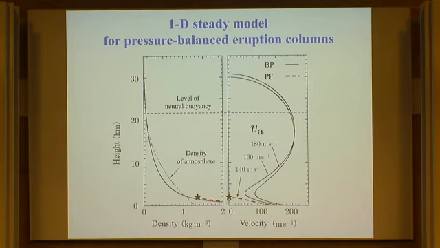But if the initial momentum is large enough, then it can rise. And before this eruption cloud loses initial momentum, if the cloud can get enough air to become buoyant, then the eruption cloud becomes buoyant. So it's a competition between them.